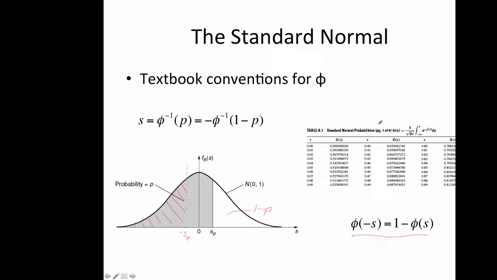To keep things consistent, they should use S, but they use x. So the standard normal variate is given only for positive values.